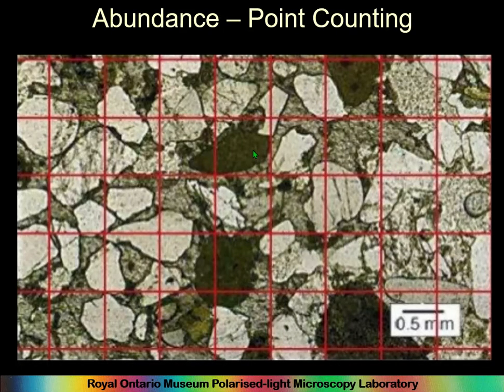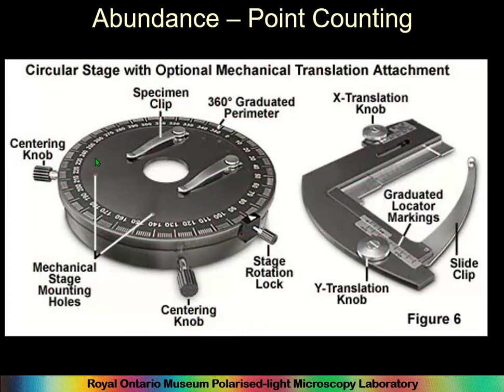This is how point counting works. You have these things, and this goes on top of this. This is the stage that goes around on your microscope, and this mount goes on top of that. You put the thin section in here, and as you turn this, it goes along a notch, click, and it has a little thing that makes it go click.